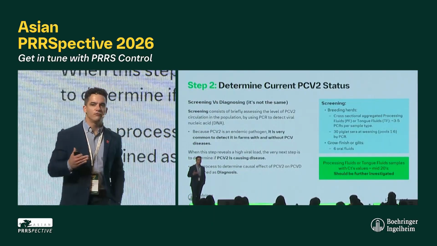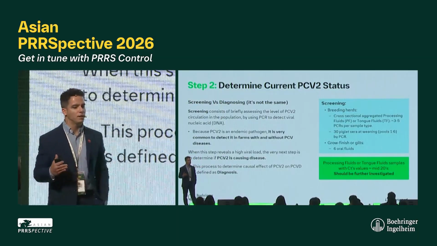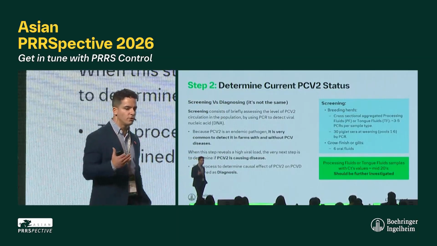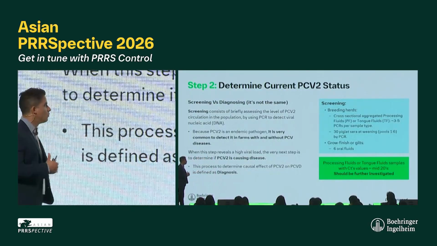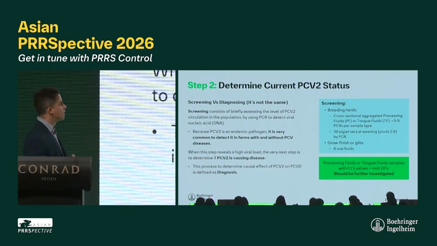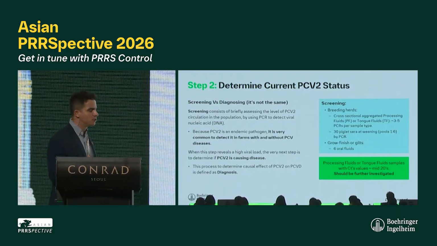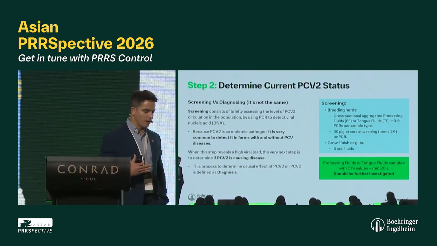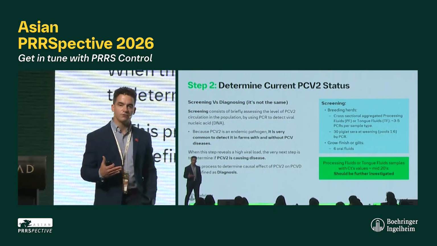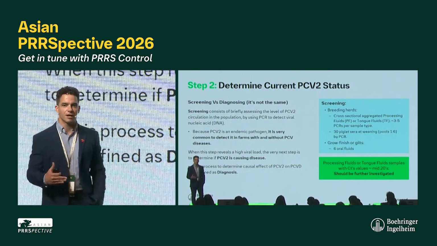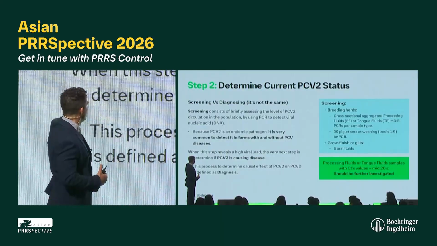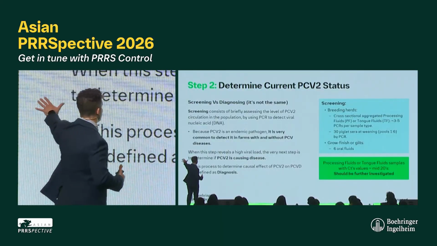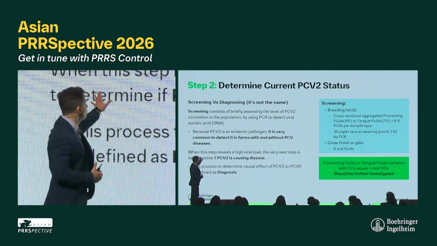So you want to differentiate between screening and diagnosing, like we've talked about before. You just don't want to rely on PCR alone or ELISA alone. You want to document that PCV2 disease is actually present. So on the screening, you're going to briefly assess the PCV2 circulation in the population, right?